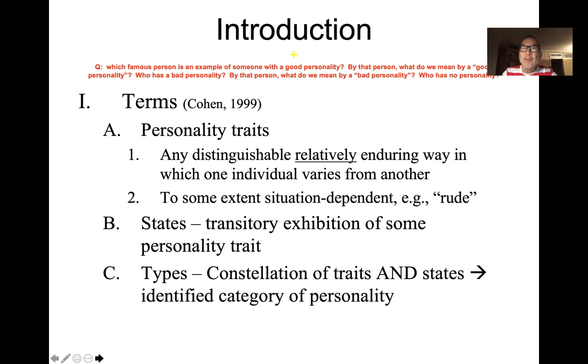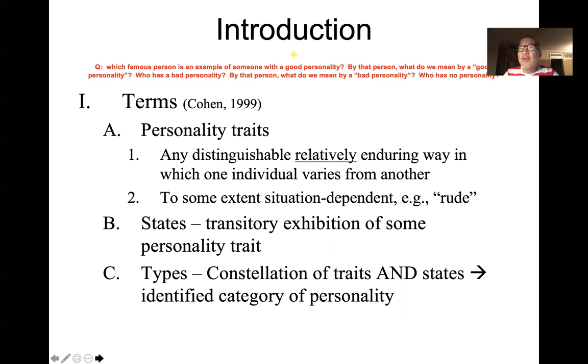Now, types are seen as a constellation, some combination of both personality traits and states. So these are particular combinations we see fairly consistently. A good example of this, though it's not a good test, is the Myers-Briggs. Now, the Myers-Briggs is poorly empirically supported, very popularly used, but not a good psychological test.